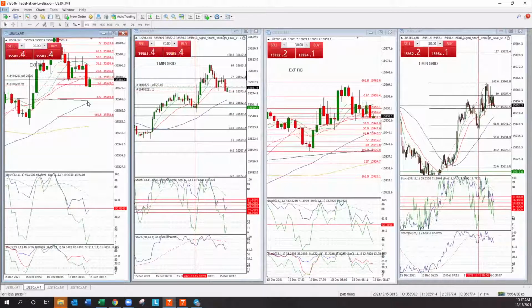Next level of support is 50 on the 1, but it's 50 on 5 that's holding us. It's not a separation, doesn't qualify.